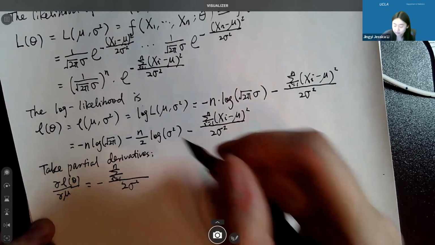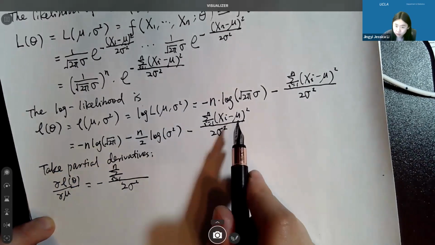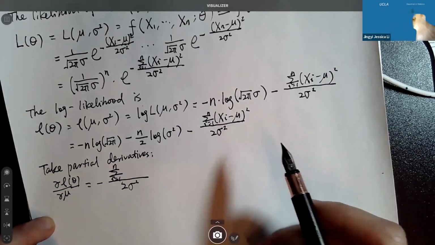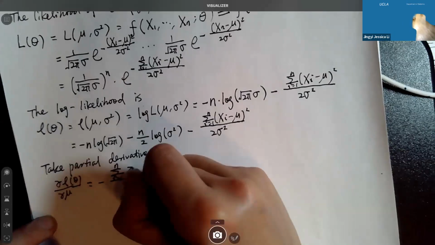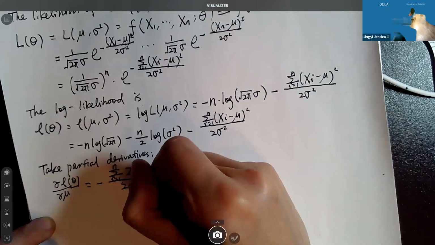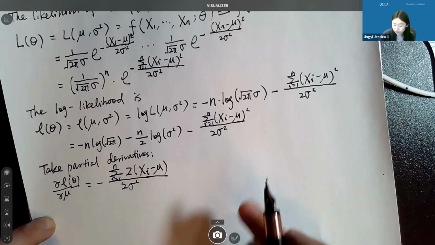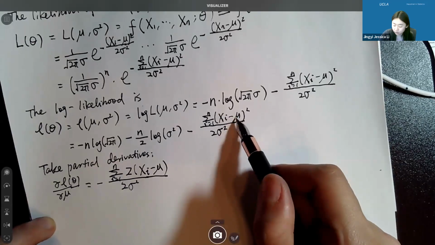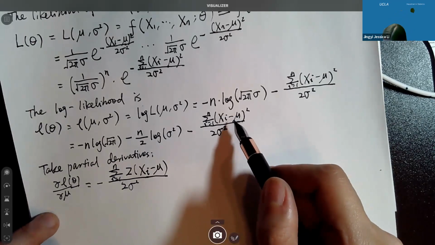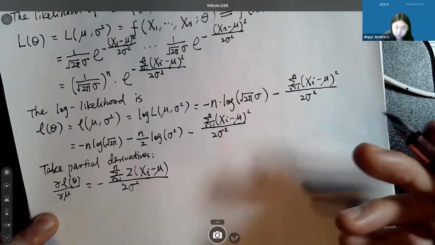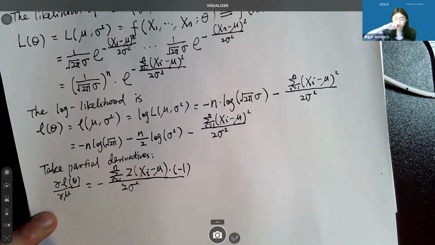Inside the sum, I take differentiation against mu. So it will give me 2 times (xi minus mu). And by the chain rule, I'm going to do differentiation of minus mu. So that will give me a negative 1. This is what I get from the chain rule.